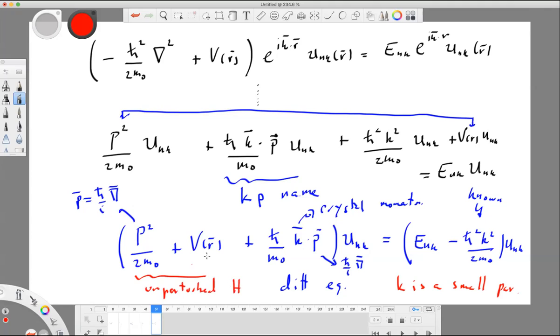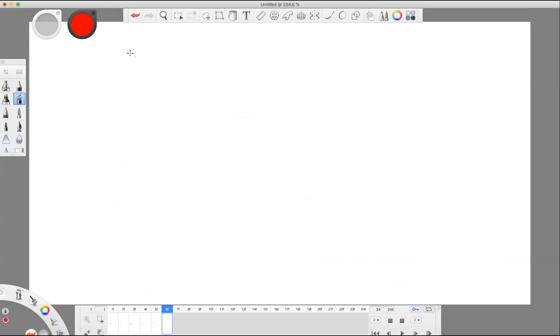Okay, so this we should know what's going to happen right at k equals 0. Okay, so this approach assumes we know what happens, that is what we know how to solve at k equals 0.